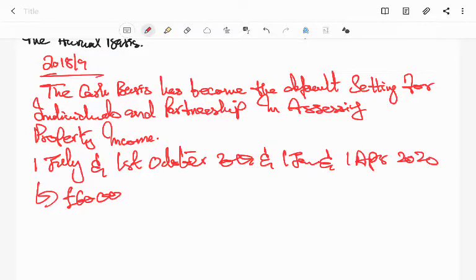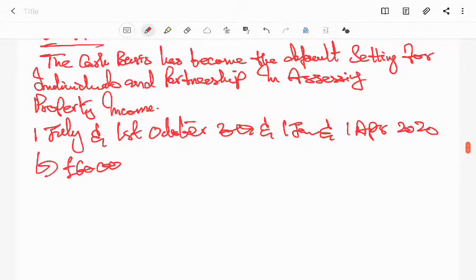In the exam question, you might be told, however, that the amount due on 1st April 2020 was not received until 15th April 2020, and therefore only £4,500 would have been received in the 2019-20 tax year.